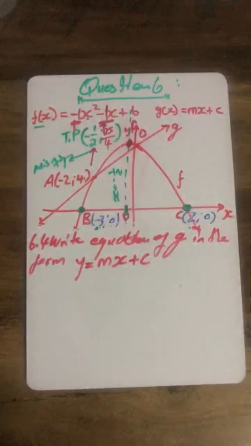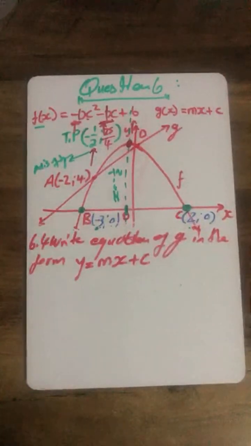Write down the equation of G in the form. So it's like they want you to determine an equation of G. Yeah, that's what they want you to do there.